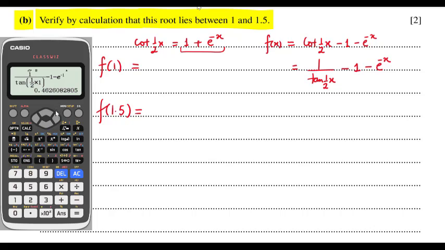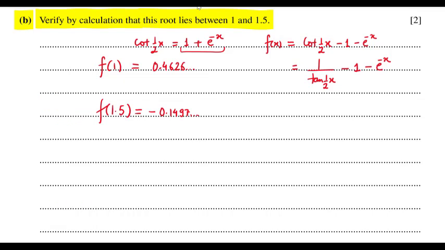f of 1 is going to be 0.4626 and so on, and f of 1.5 is minus 0.1497 and so on.